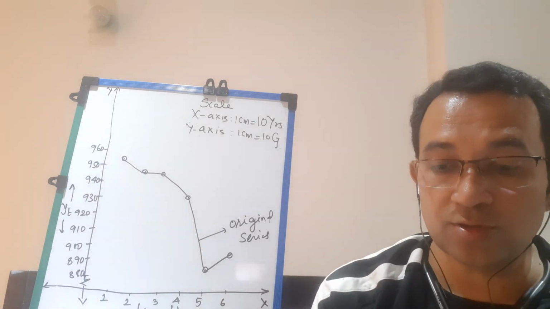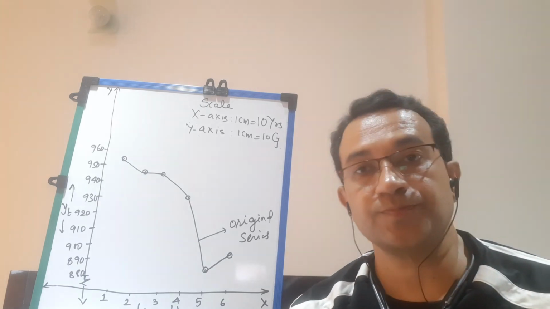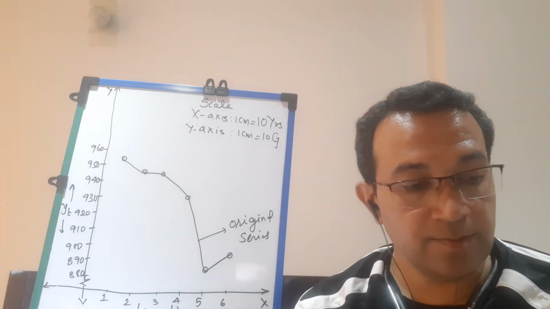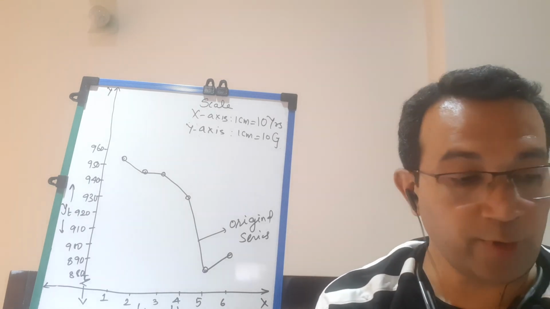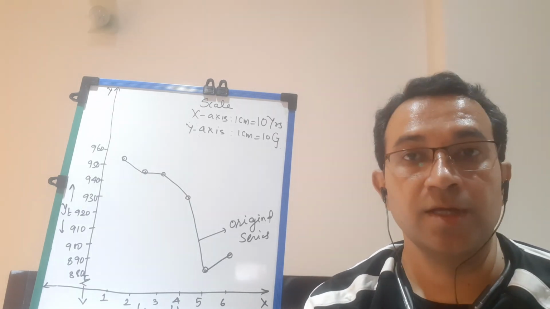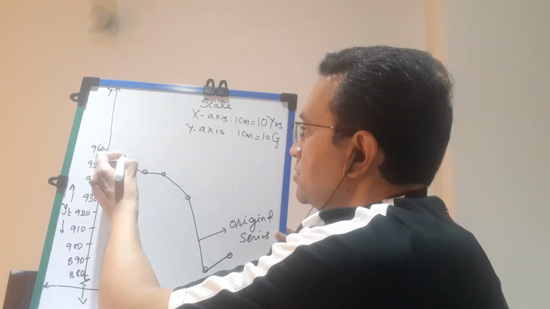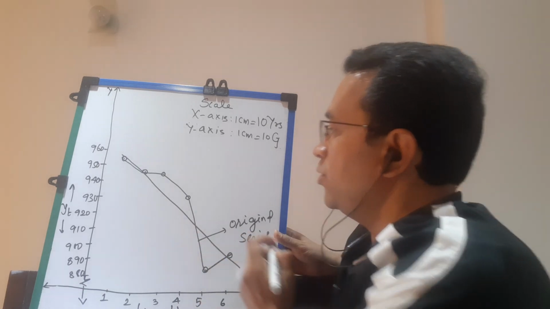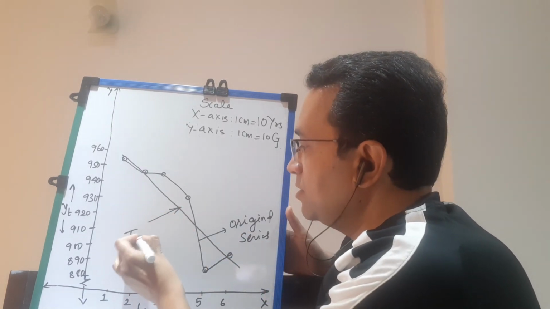Now here also, students, we are told to find linear trend. So a line must be drawn at least passing through 2 points. Again, no such rule, but I can draw a line like this passing through 2 points. This line becomes triangle, that's all.